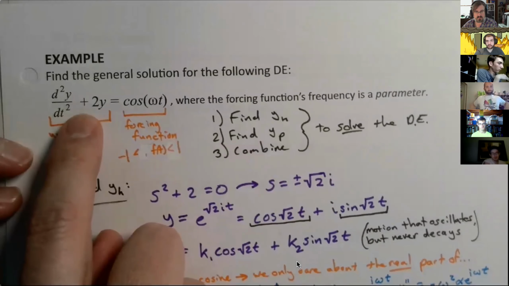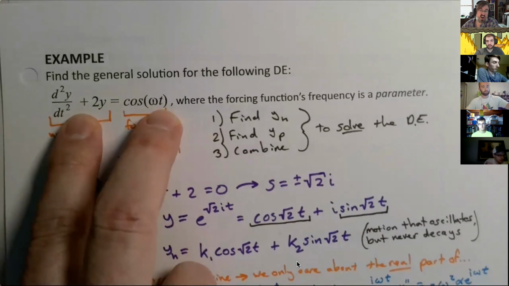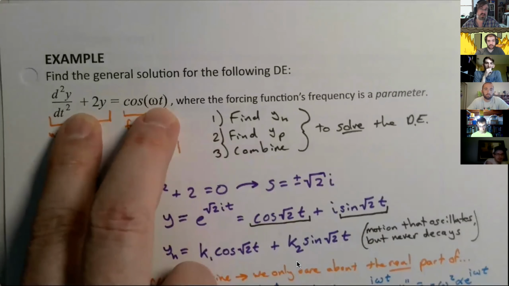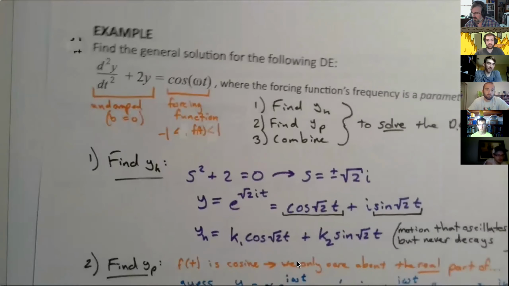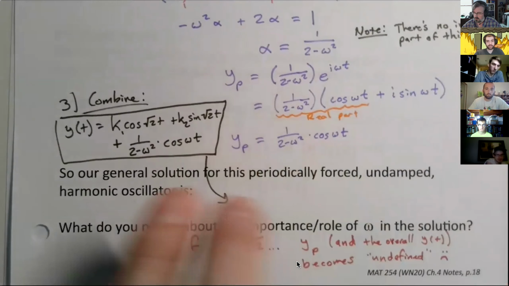So there's no damping term. And we had a forcing function with a parameter for a frequency, right? Or essentially a frequency. So this thing right here, we don't know what it is. It could be anything.